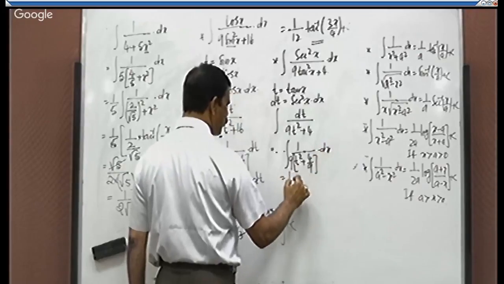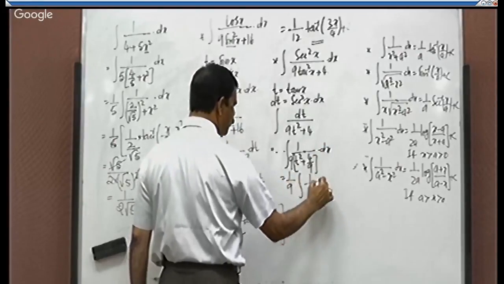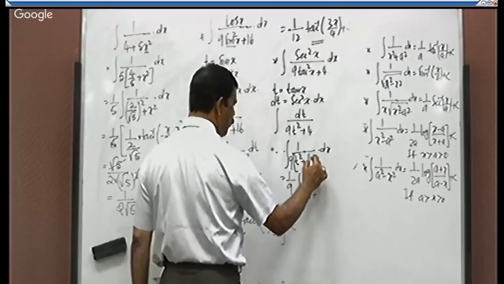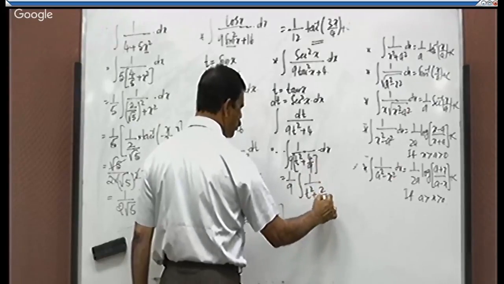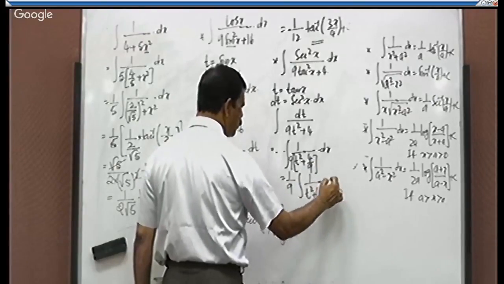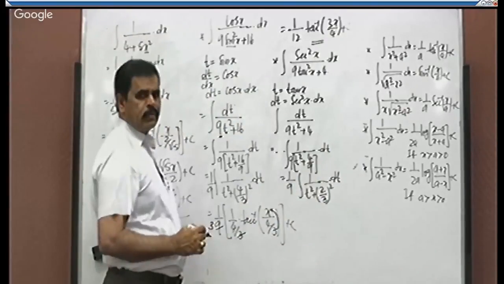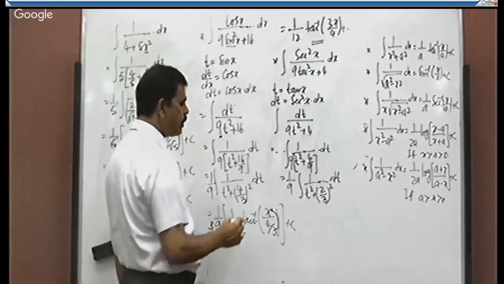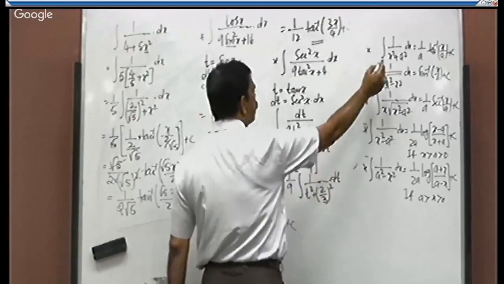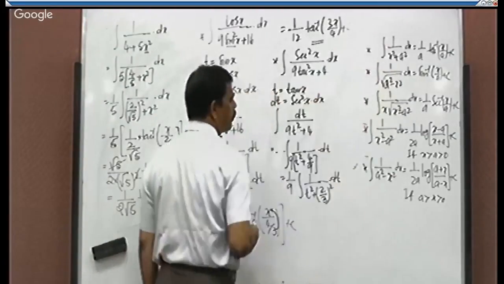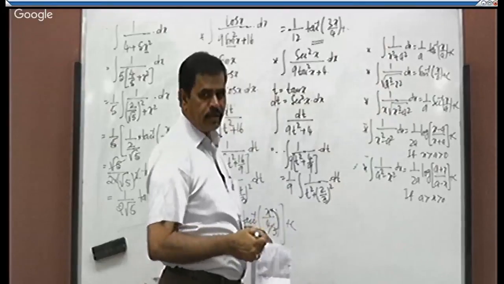Then this becomes 1 by 9 into integration of 1 divided by t square plus 4 by 9, which can be taken as 2 by 3 whole square, into dt. Now the problem is in t and it is in standard form, equivalent to the first standard form, 1 by x square plus a square into dx.